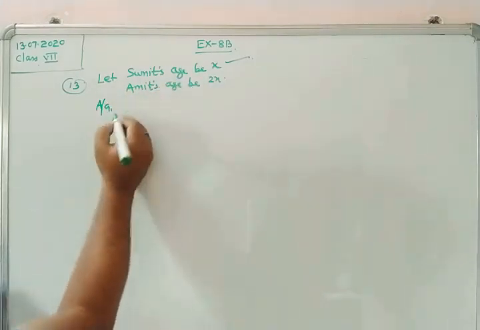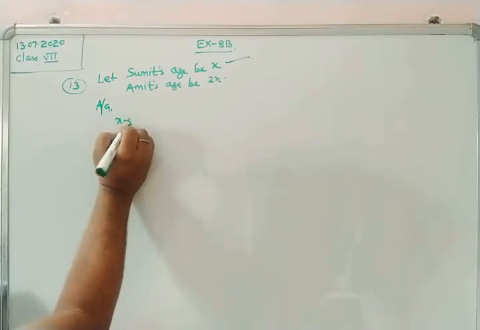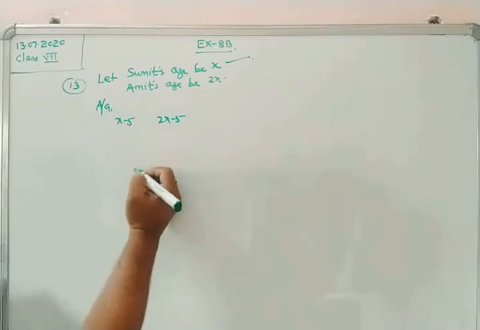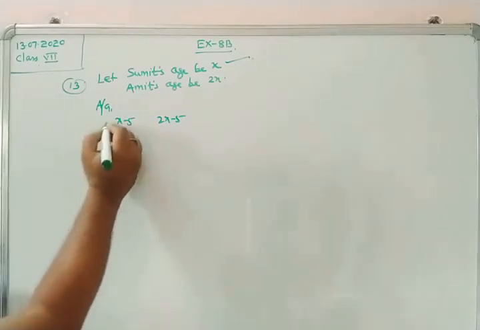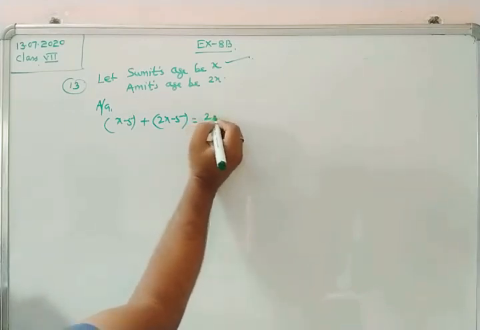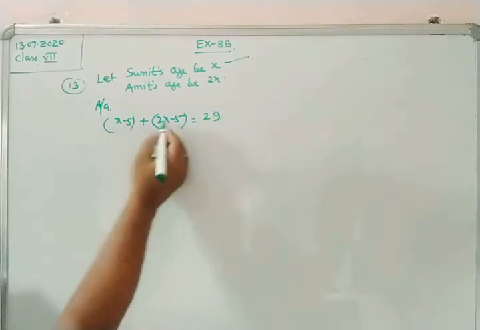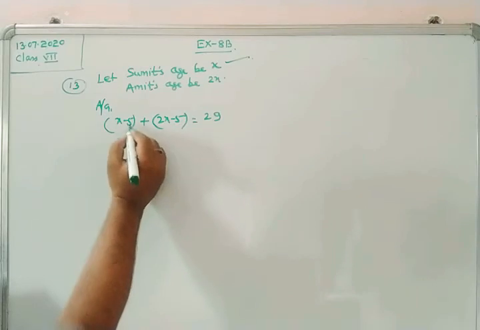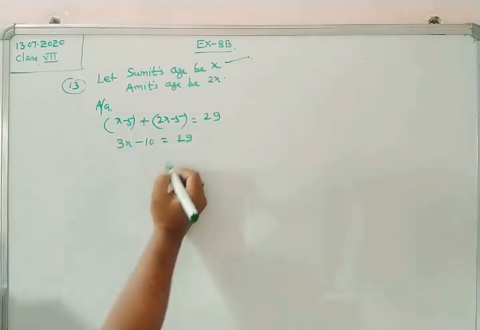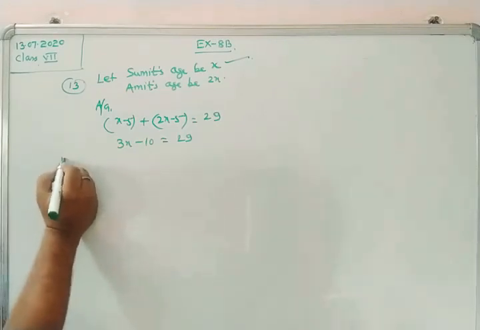Sum of their ages 5 years ago, that means we will add now, will be equal to 29. So x plus 2x, 3x minus 5 minus 5, minus 10 equal to 29. Further you can solve here.